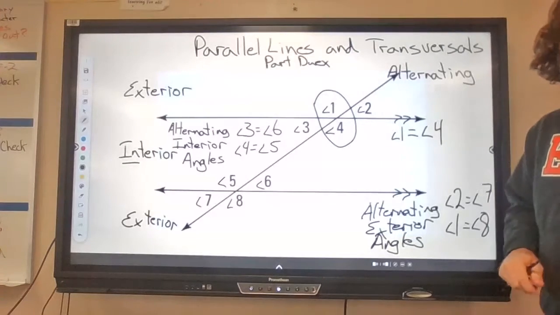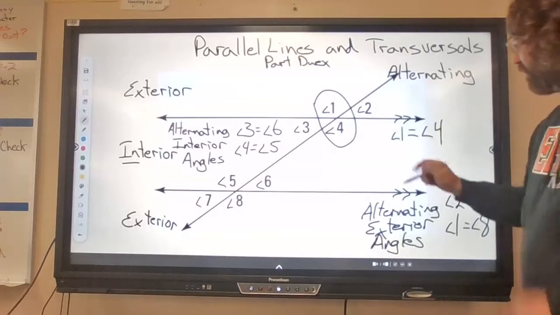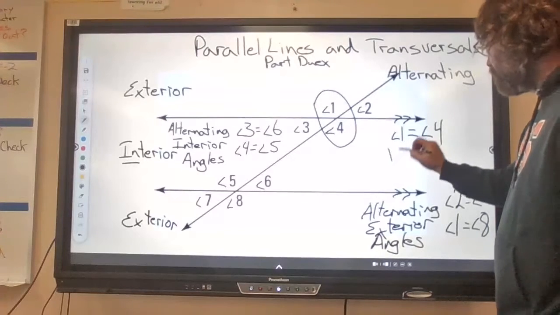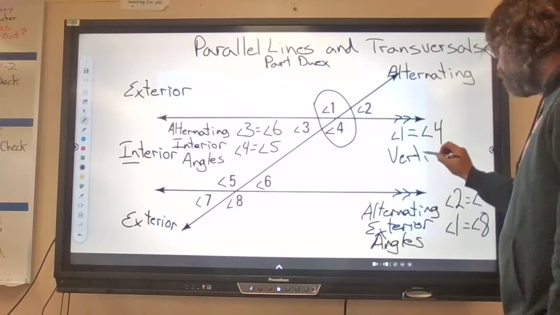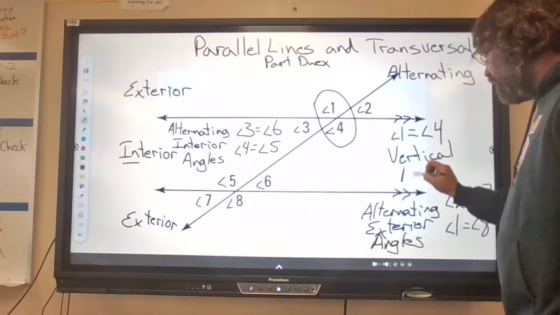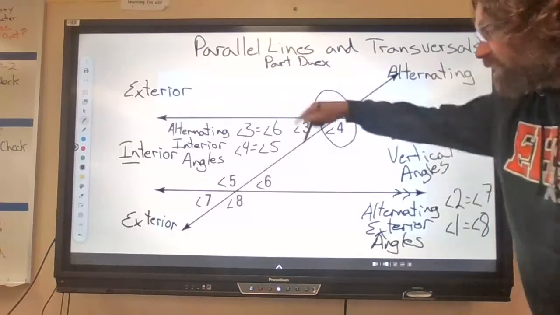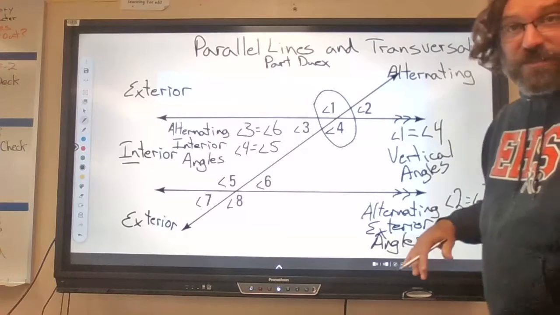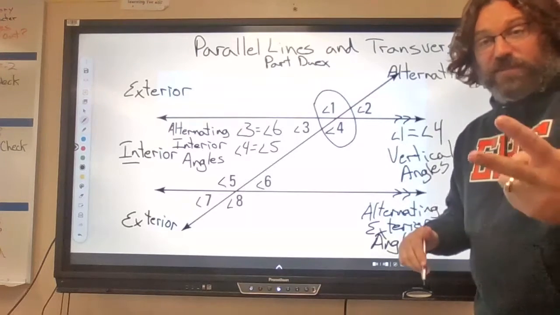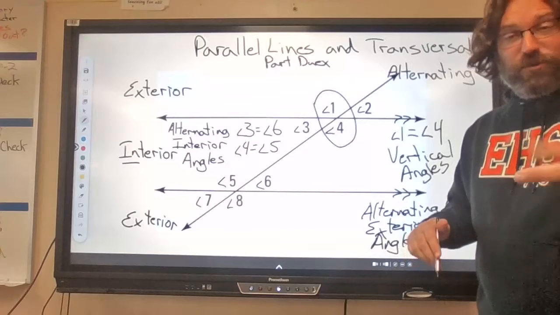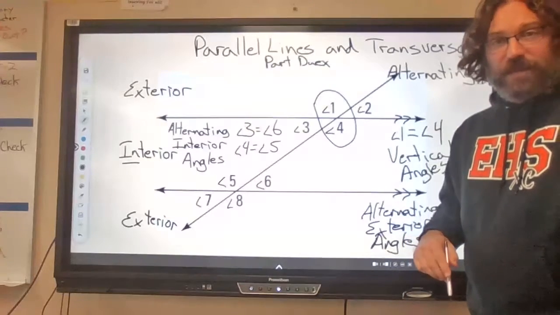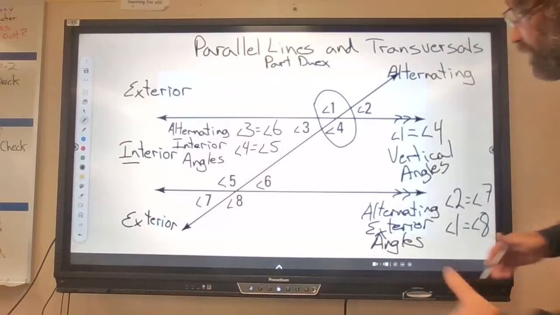But when we have two angles that are across from one another like that, we call those vertical angles. And just like all the other stuff we've talked about, that's a way of saying those two angles are the same measurement. Makes it pretty easy for us.